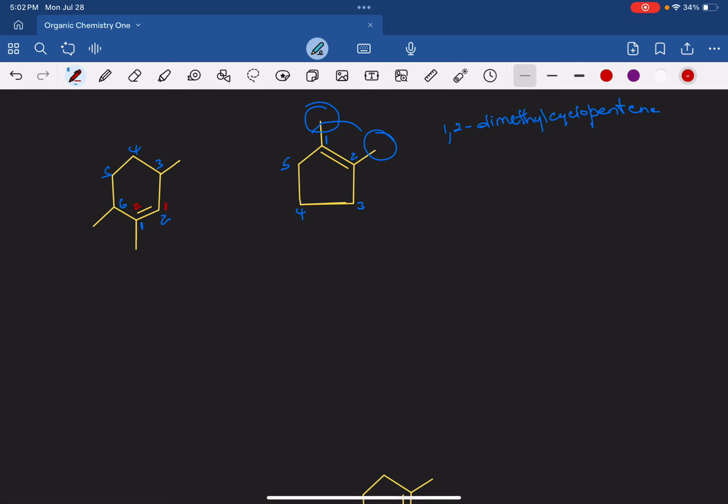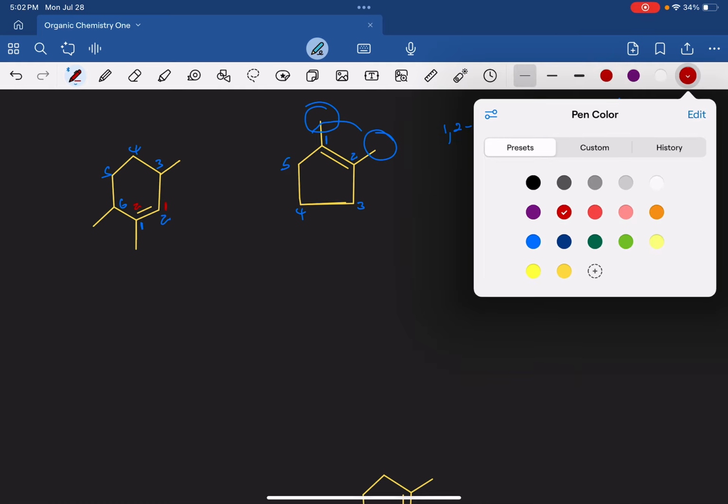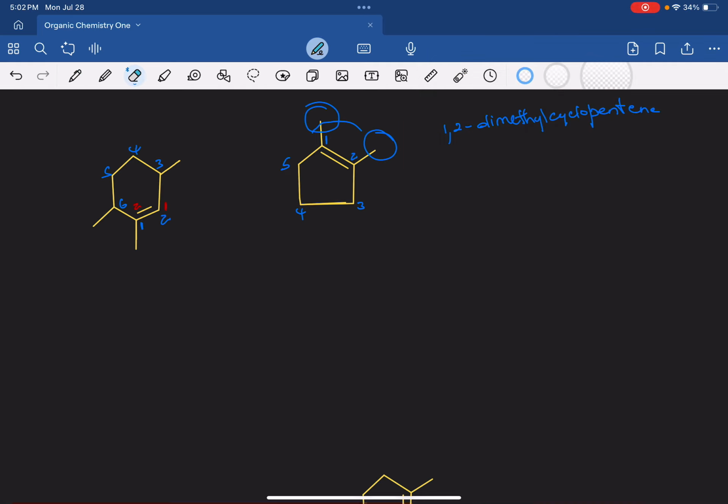So no, you can't do that. Always remember that number 1 goes on the carbon of the double bond that has the substituent on it. And this rule only applies when there's one substituent on the carbon-carbon double bond.